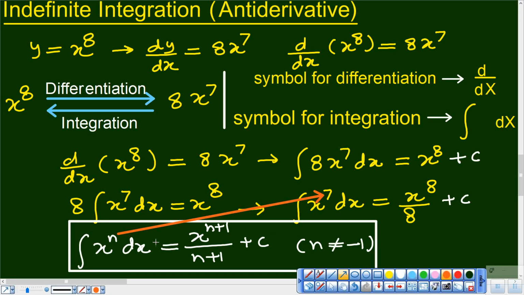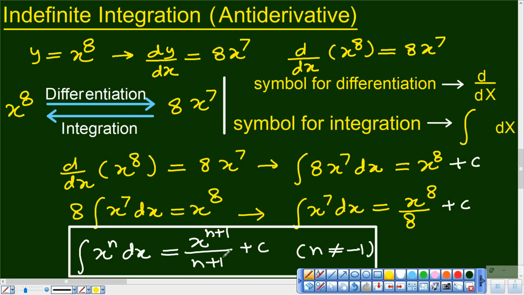So what should be the answer? 7 plus 1, x raised power 7 plus 1 upon 7 plus 1. Can you see that x raised power 8 upon 8 is the answer? So this is the confirmation of this formula. n cannot be minus 1, but n can be any other real number. It can be decimal, fraction, any other thing except minus 1.